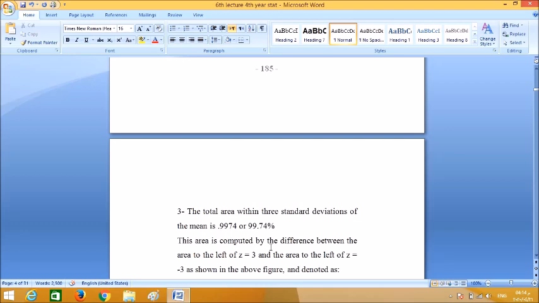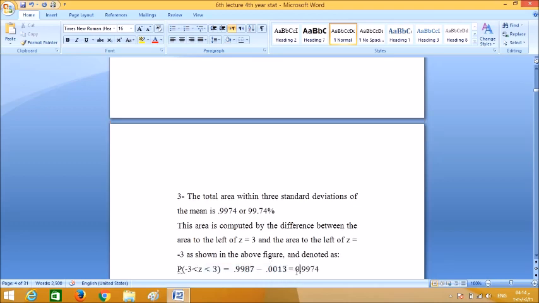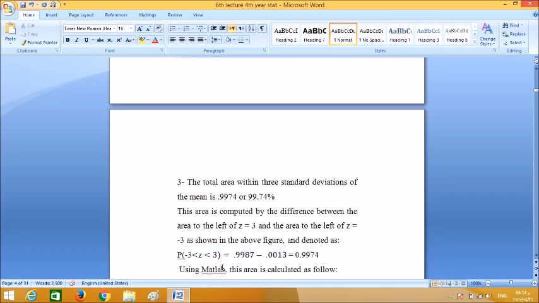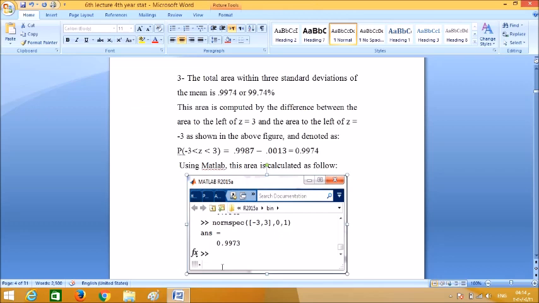Rule number 3, the area between Z equal 3 and Z equal minus 3, this area equals 99.7%, like this. Using MATLAB, the function normspec between minus 3 and plus 3, and you can omit 0, 1 or write 0, 1.